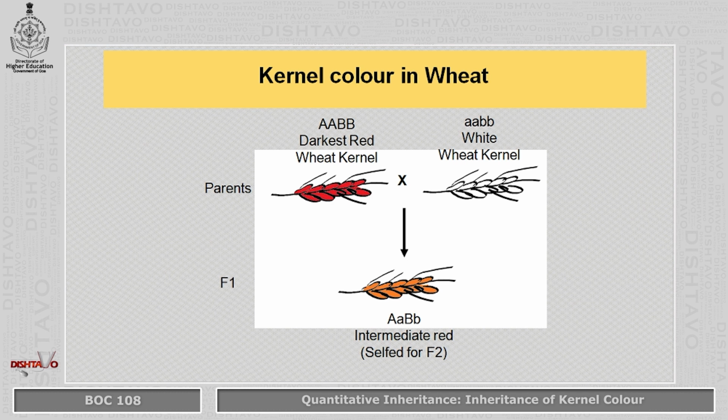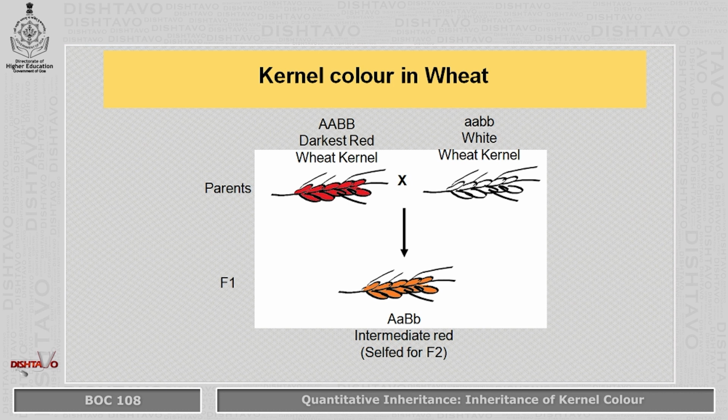Here we can understand that capital A and capital B are the two alleles in the picture. When he crossed these two, the darkest red and the white kernel, what he got in F1 was an intermediate red color. This intermediate red color had the genotype capital A, small a, capital B, small b.